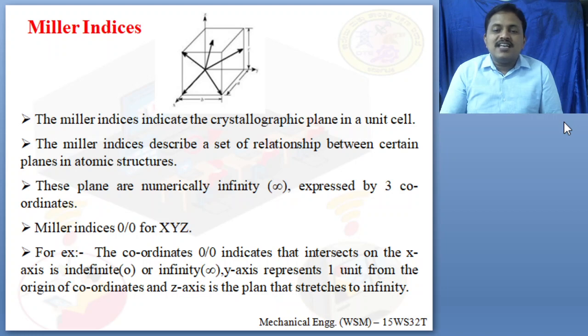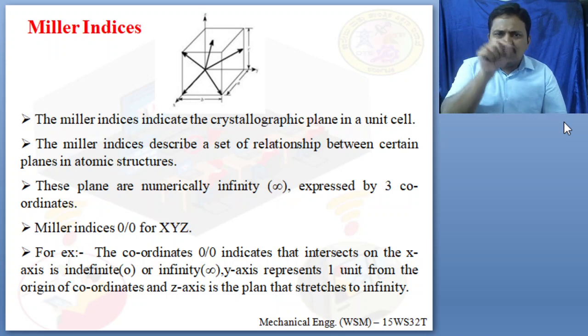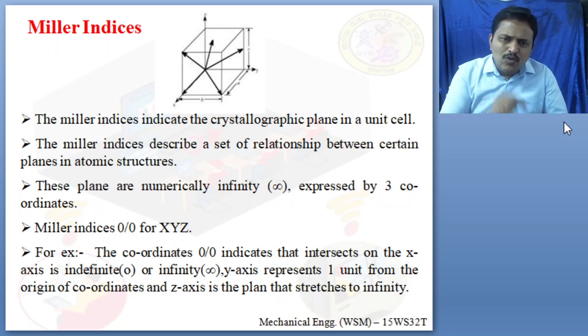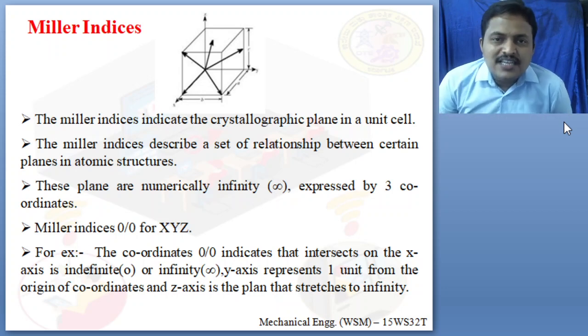These planes are numerically expressed by three coordinates, as I said, x, y and z. It is a 3D model, a three-dimension model. The Miller index is 0, 0, 0 for x, y, z. The center of the axis starts from a reference, just like a graph. When you start a graph with x and y, the coordinates we call 0, 0.